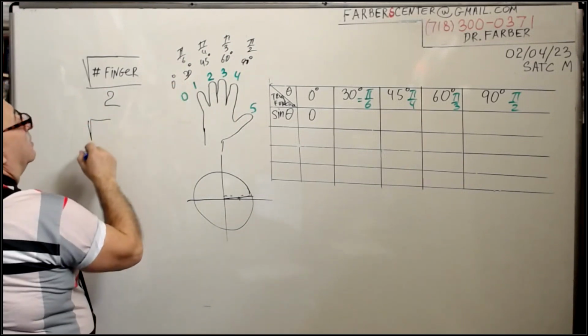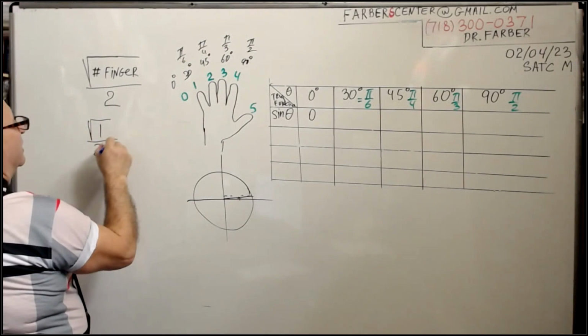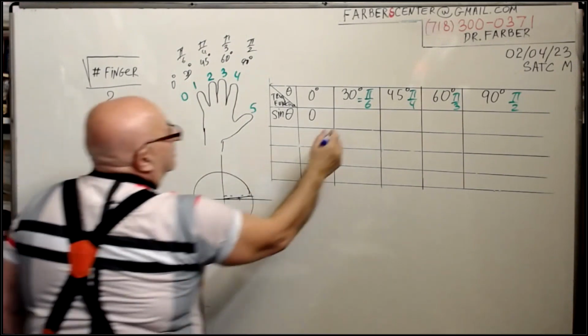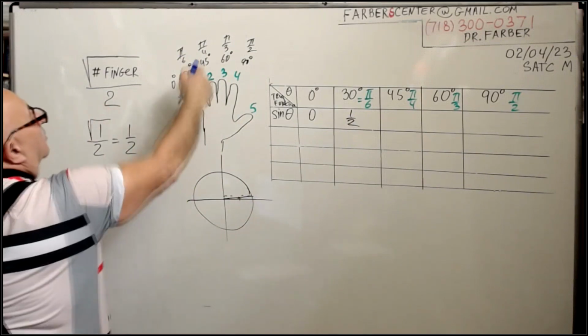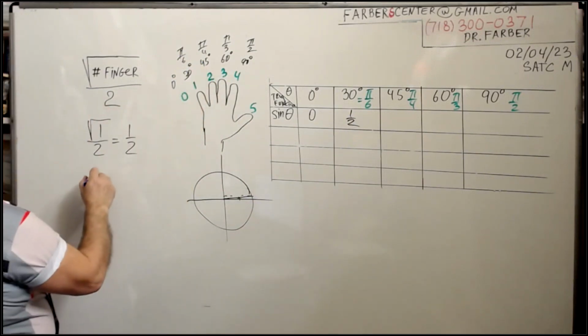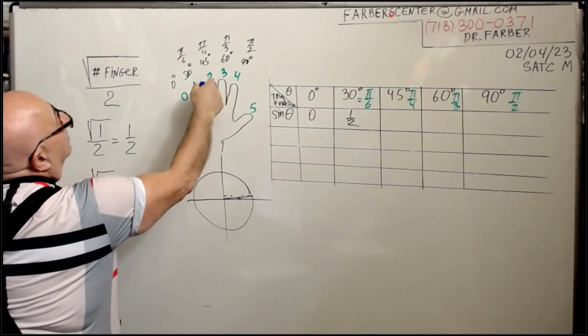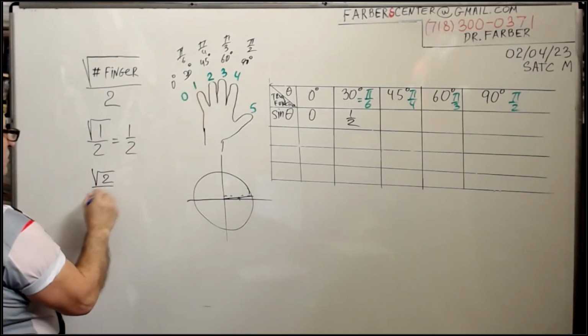Square root of 1 divided by 2 is 1 over 2. For 45 degrees, square root of 2 over 2.